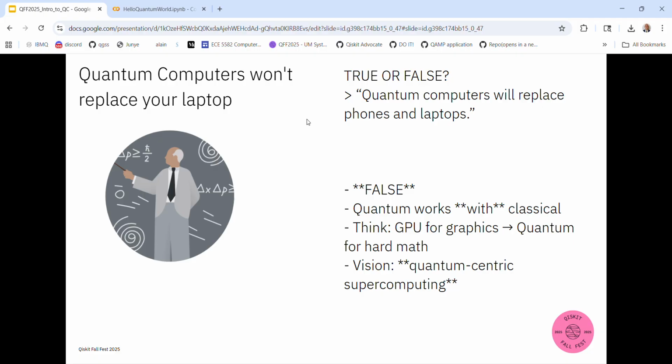Quantum works with classical. These systems hand things back and forth to each other. Quantum computers are expensive to run. They require repeated shots. They typically require cooling to ranges of about 10 millikelvin, almost absolute zero.